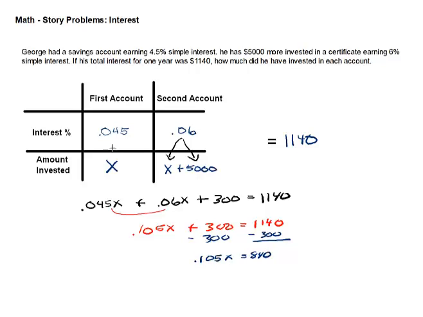And then in order to get rid of the 0.105, we just divide this side by 0.105 and divide that side by 0.105. Again, these are going to cancel. We'll be left with x equals 840 divided by 0.105, which equals 8,000.